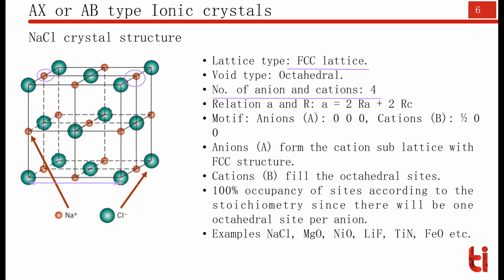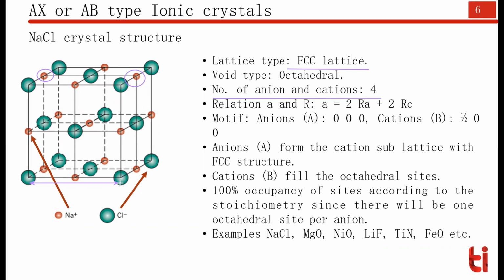Your length is equal to a, which is the lattice parameter, and if you talk about the radius of the atoms, you can see half from the two edges, which gives you twice RA, and your RC is in the middle, so a is twice RA plus twice RC.